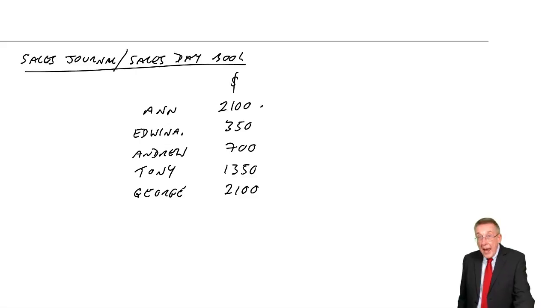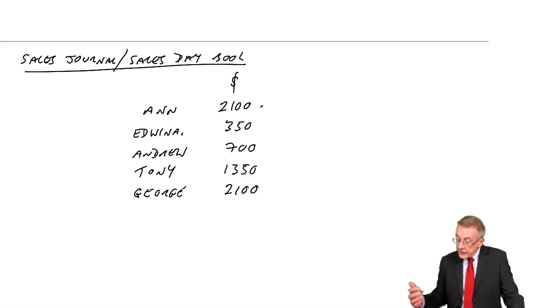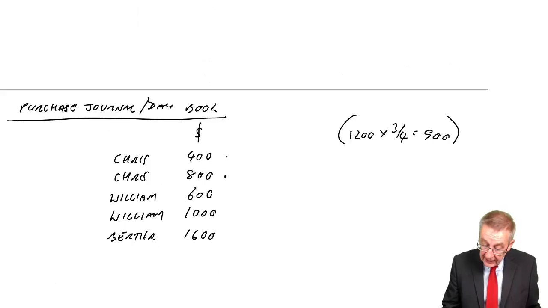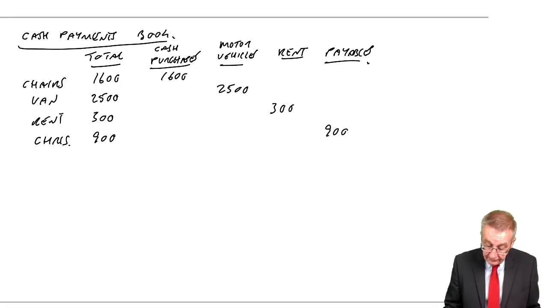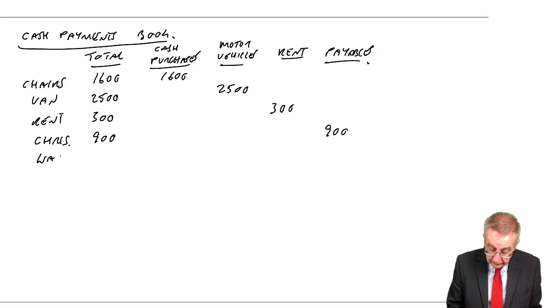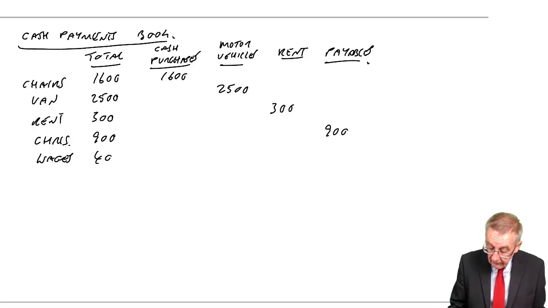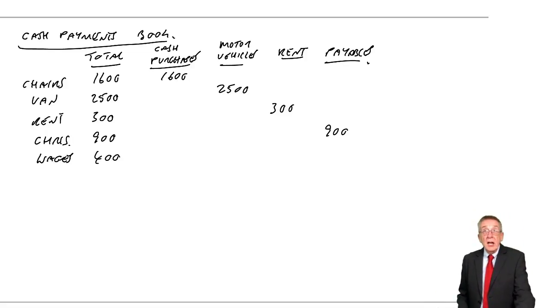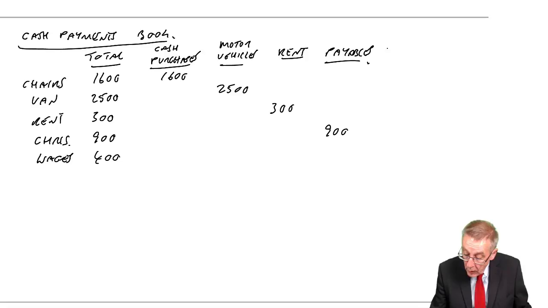R, we paid wages of 400. So we've paid out cash. It goes in the cash payments book. And as always, we'll analyse. So we need a column now for wages.